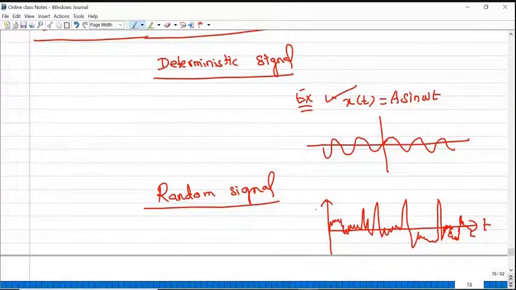So you cannot represent a mathematical equation for this kind of signal. It's uncertain. But a random signal is one for which we cannot give a mathematical model or mathematical equations. Those kinds of signals are called random signals or non-deterministic signals.